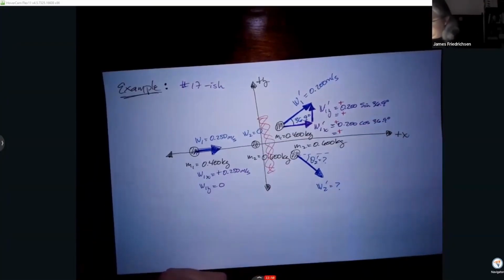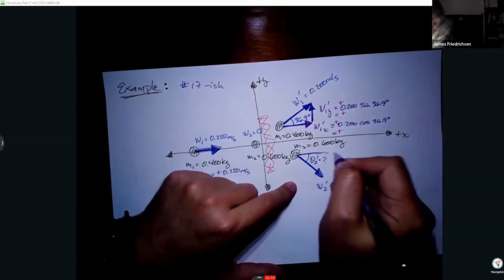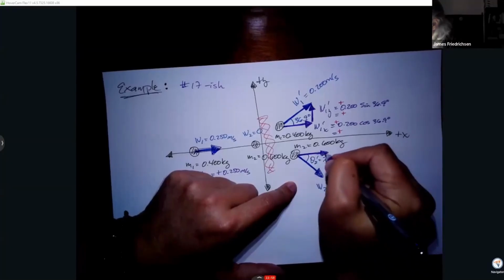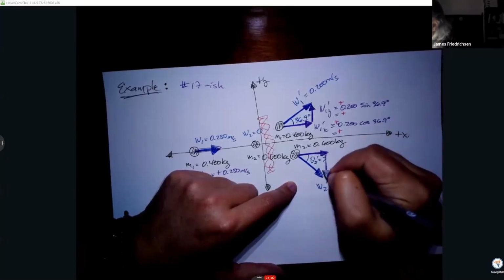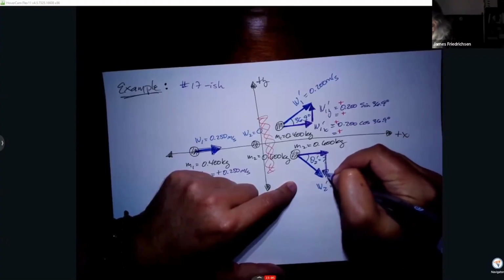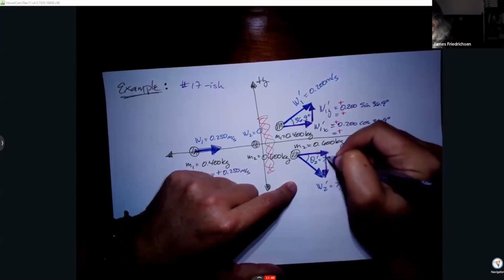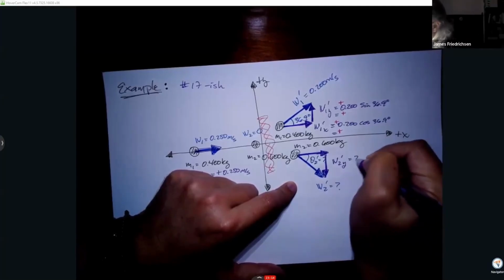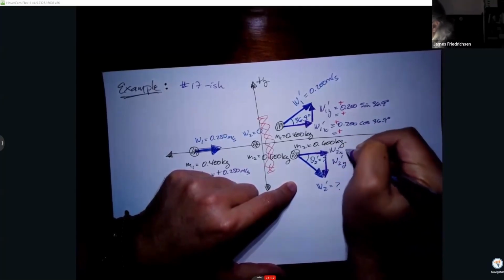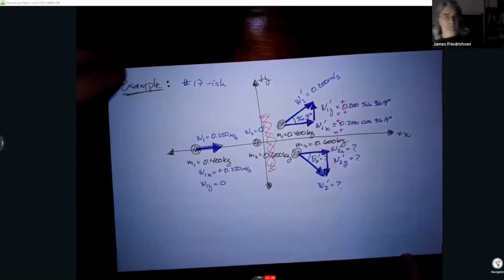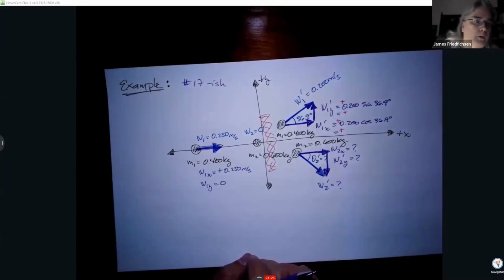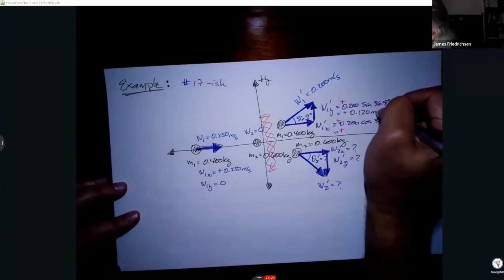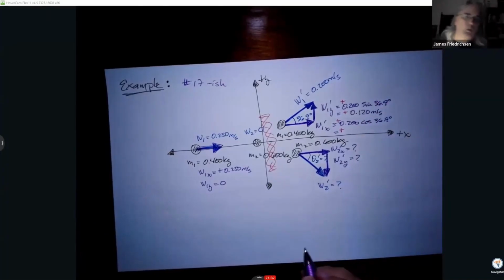So let's find those, please. 120 for the y, and the x is 0.160.